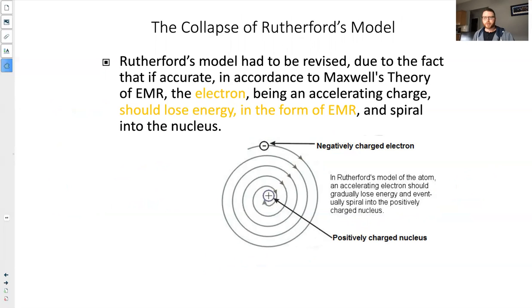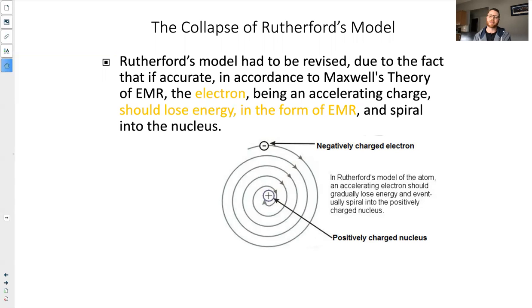All right, so as we know, Rutherford's atomic structure did not last for too much longer. Pretty much in the same year, Bohr's model was revealed, which we'll talk more about next lesson.